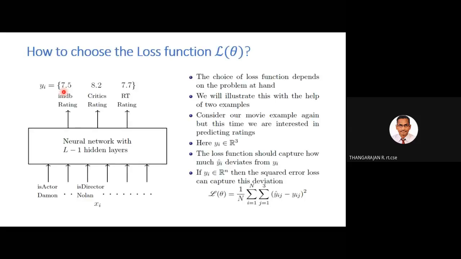Examples could be predicting the temperature of a day, the humidity of a day, the rainfall on a particular day, or the stock price for a particular item. In all these, the output is going to be a real number, so it is a regression problem.